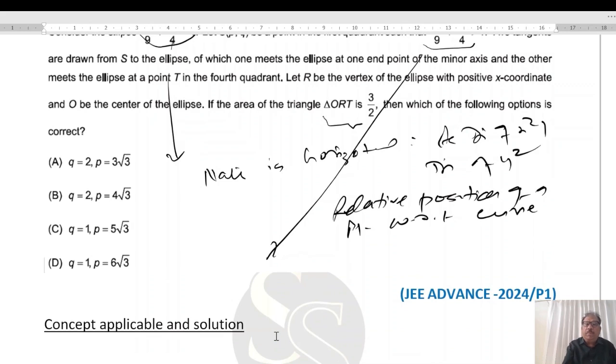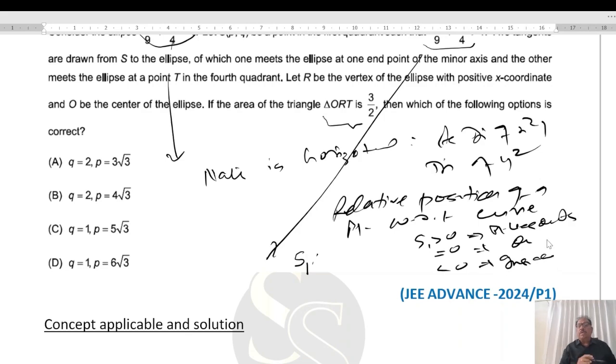It means the point given to you, we define S1 after putting it in the equation. If S1 is greater than 0, equal to 0, or less than 0: if greater than 0, the point lies outside; if equal to 0, the point is on the curve; if less than 0, the point is inside.